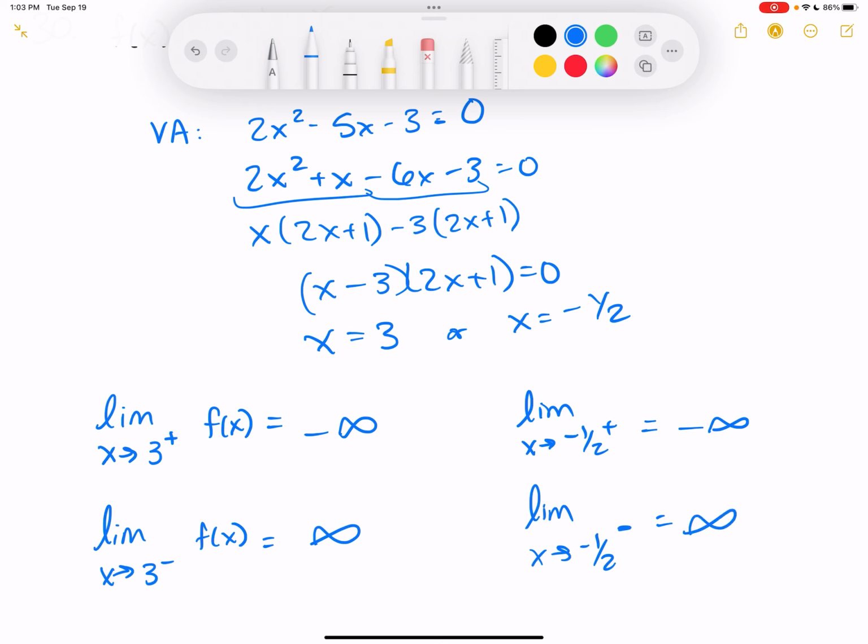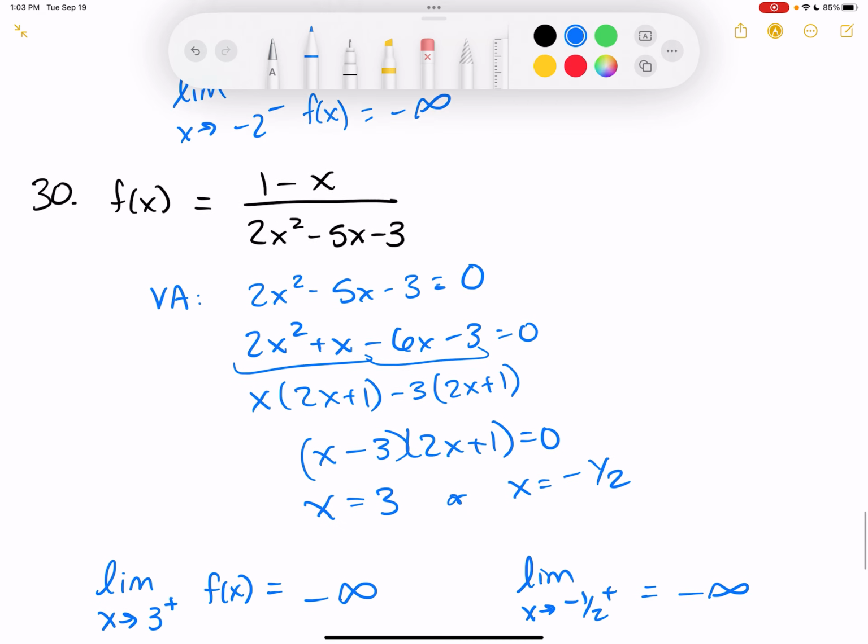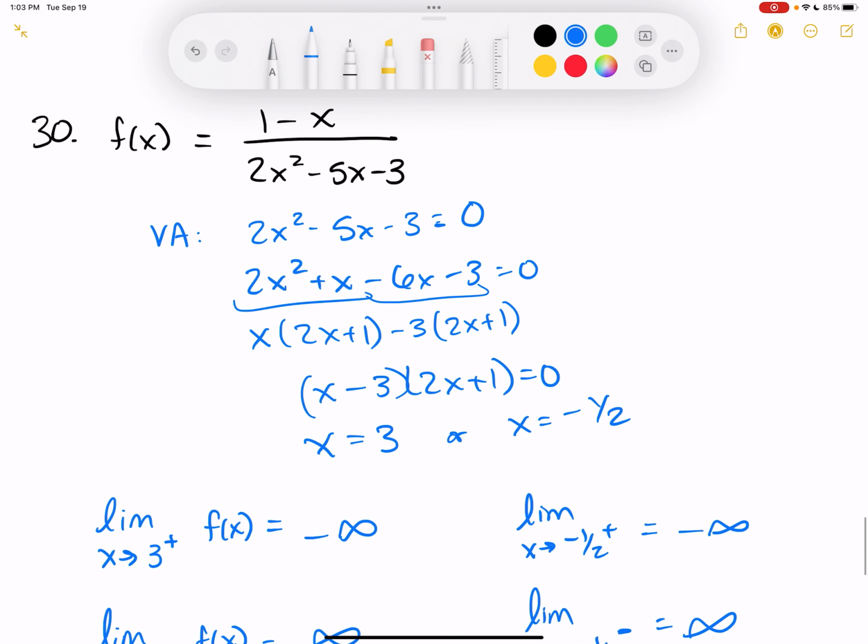Yep. So how are you supposed to figure that out without having to graph it? There's no way I would have been able to. I would just plug a number in that's really similar. So 3 from the right, I would say 1 minus 3.0001 over 2 times 3.0001 squared minus 5 times 3.0001 minus 3.